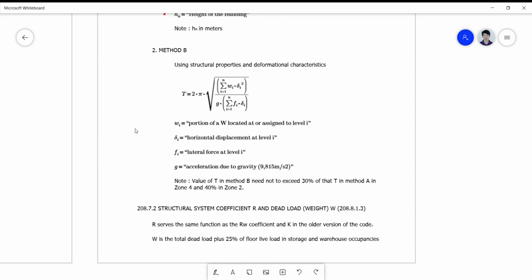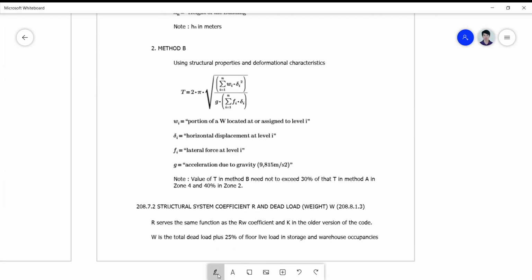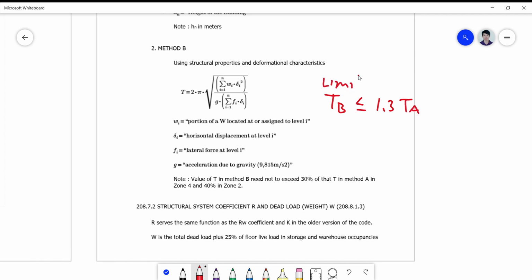Fi is the lateral force at level i, and g is of course the acceleration due to gravity, which is 9.815 meters per second squared. Note that the value of T in method B should not exceed 30% more than that in method A, to make it a self-check. So your TB should be less than or equal to 1.3 TA. This is the limitation for it.